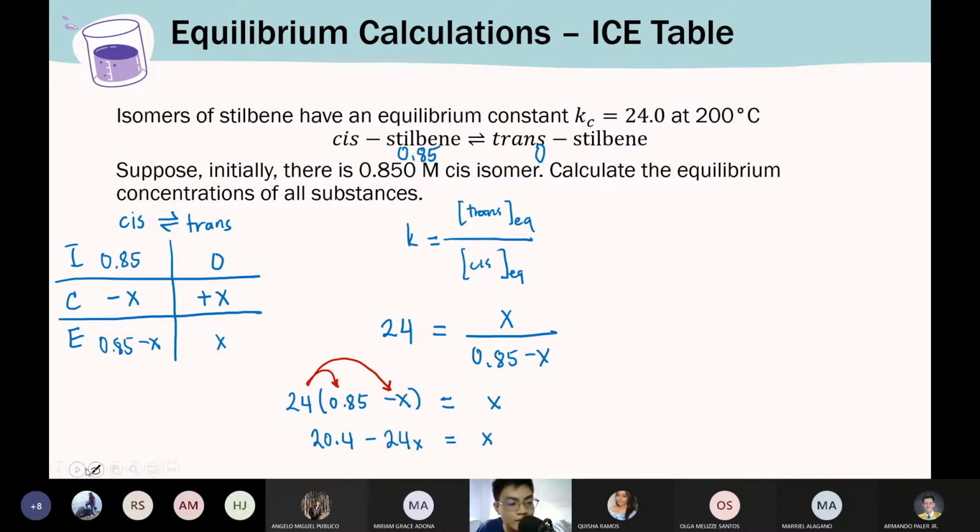And then what's next? You combine the x's. You add 24x to both sides so that it moves to the other side. So what happens is 20.4 equals x plus 24x.